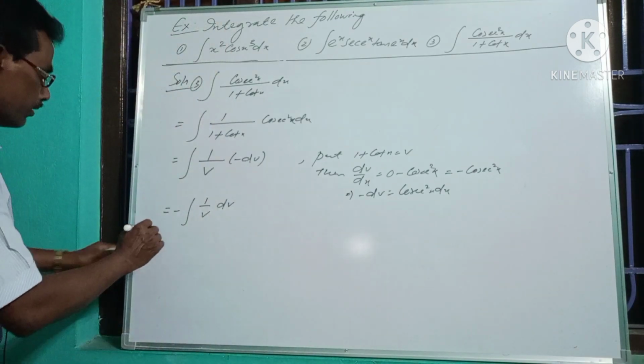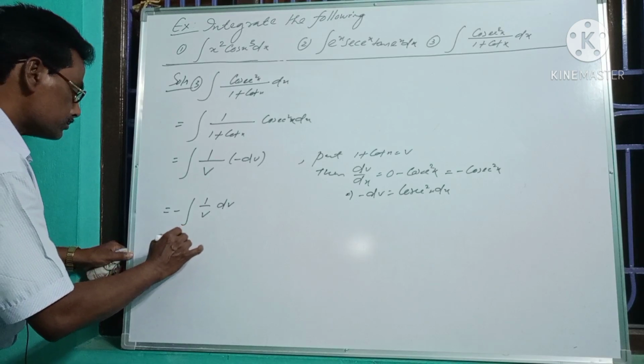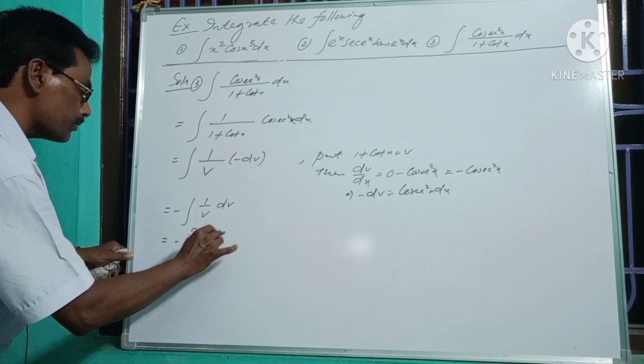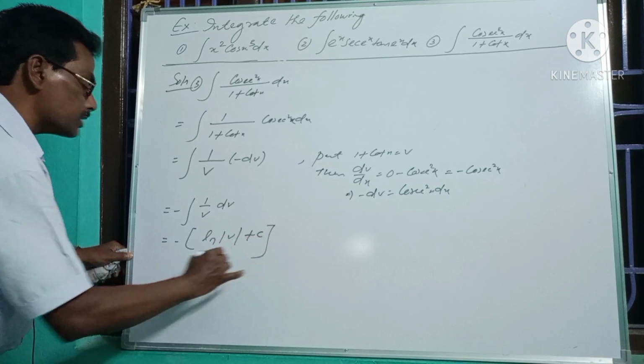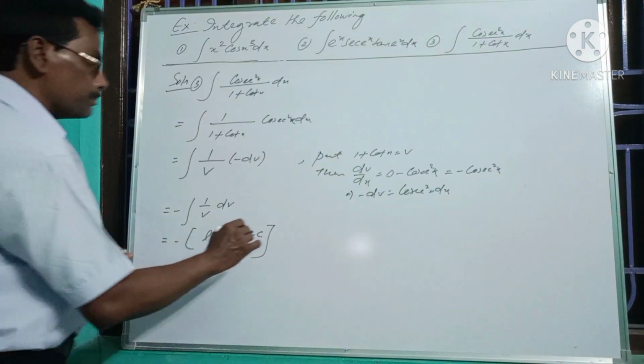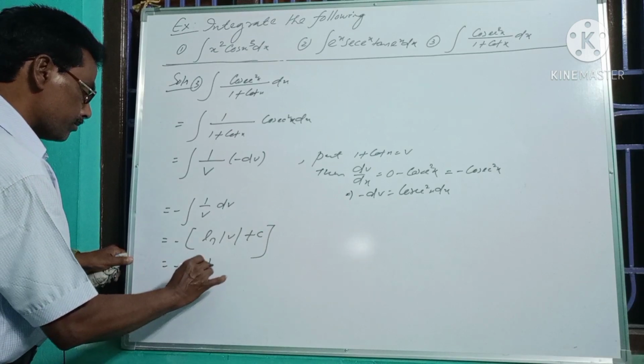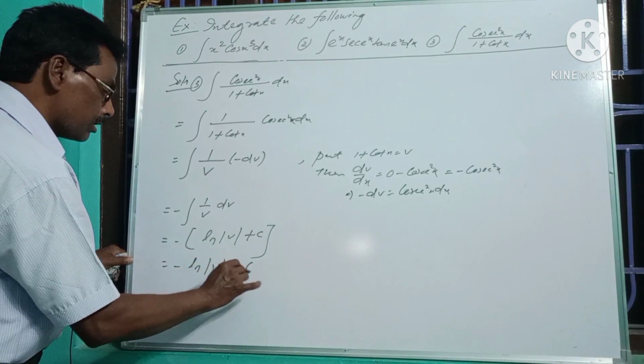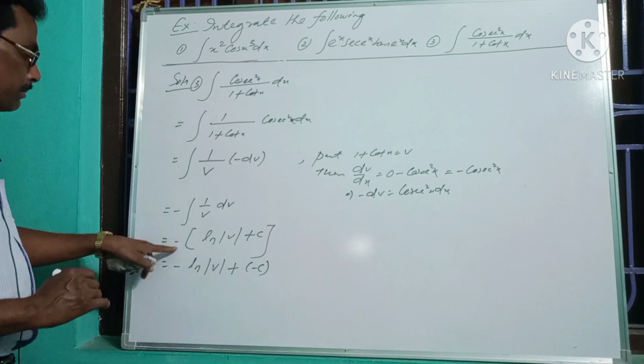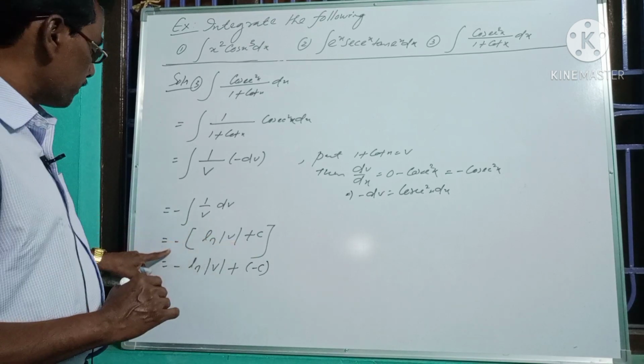So integrating, we have minus of ln of mod v plus c, where c is the constant of integration. Now simplifying and replacing v, we have minus of ln of mod v plus of minus c, because we have to multiply minus with ln of mod v, and again we have to multiply minus with c.